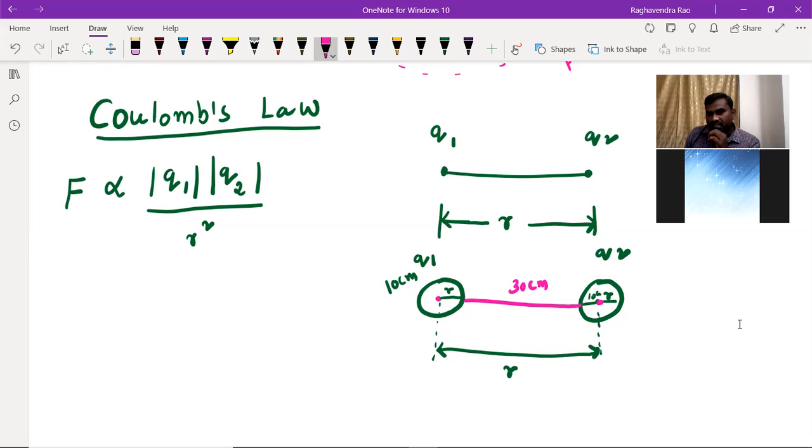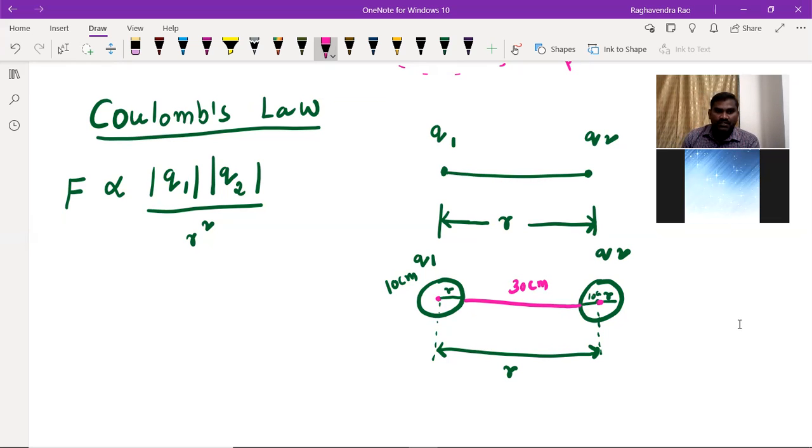So 10 centimeter plus 30 centimeter plus 10 centimeter, total 50 centimeter, we should take as the distance between the charges. This is one of the exception cases while taking distance.